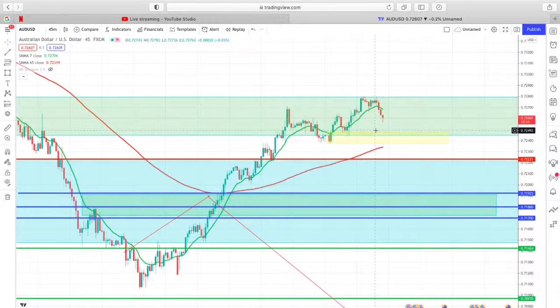So 70 to 475, as high as 72,475 and as low as 72,375.